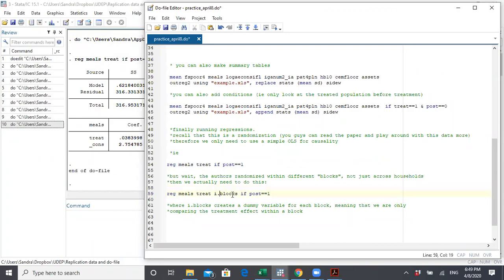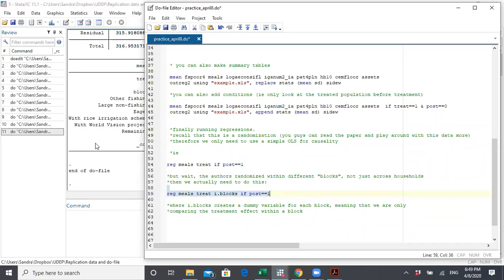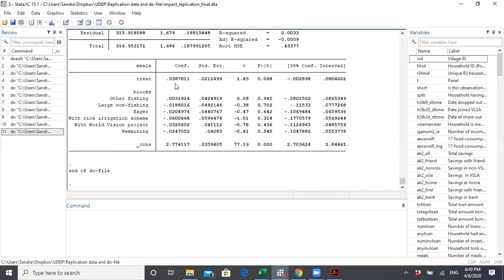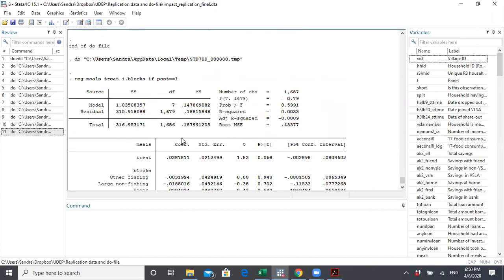So we add this i.blocks, which basically creates a dummy variable for each different block. Treatment is still the variable of interest, but we're controlling for each block. So we take away that variation from our treatment effect. All the blocks are included here as dummy variables, and we're left with our treatment effect of interest.